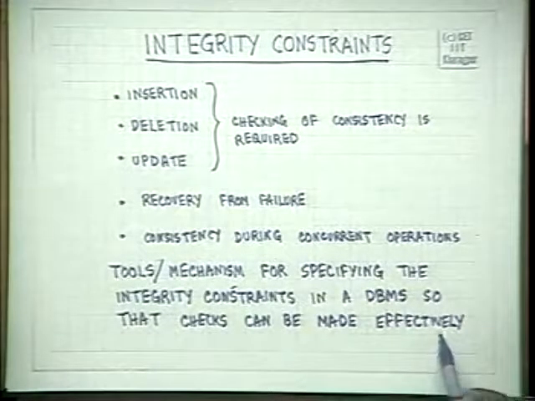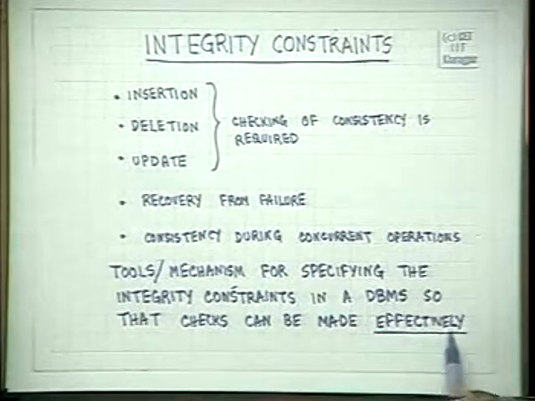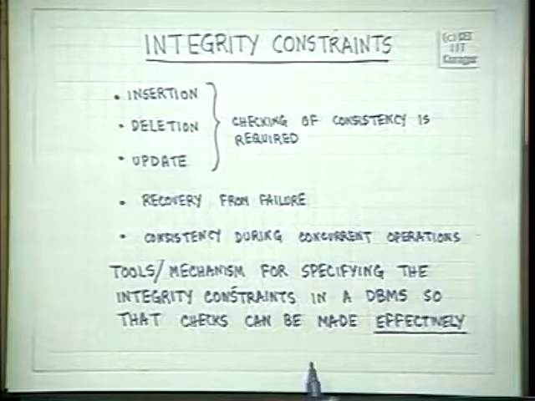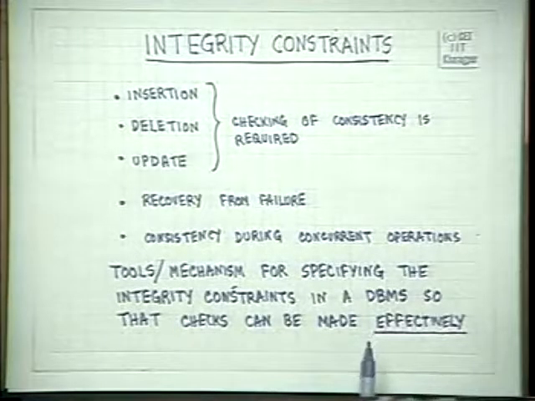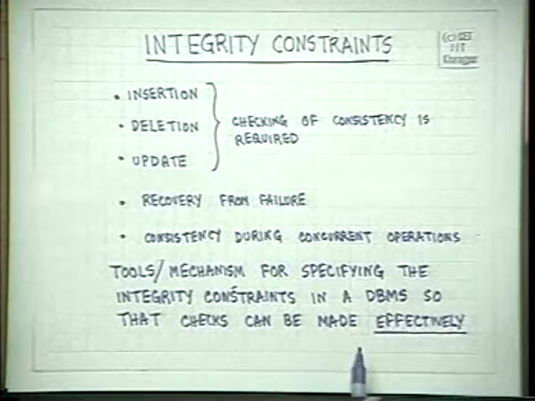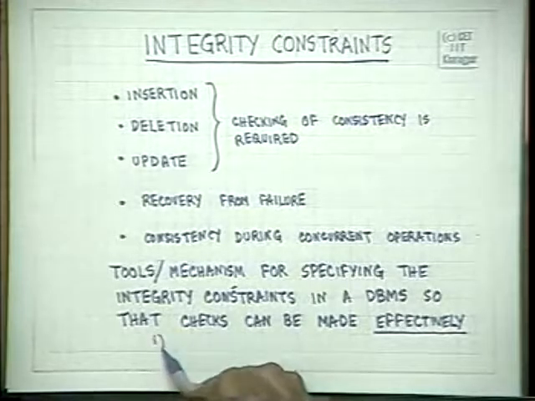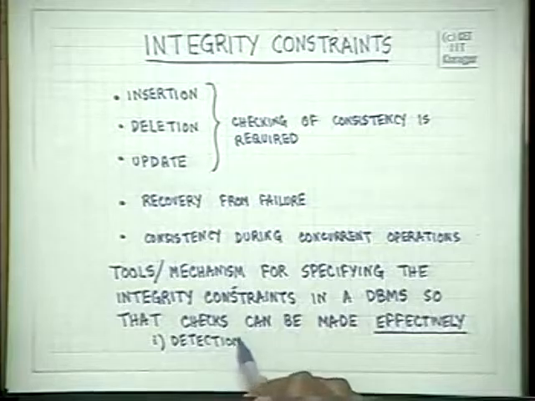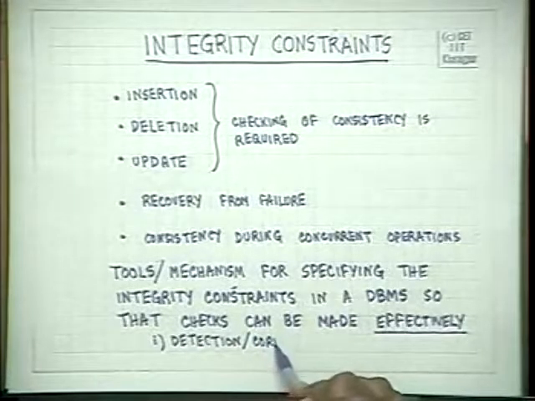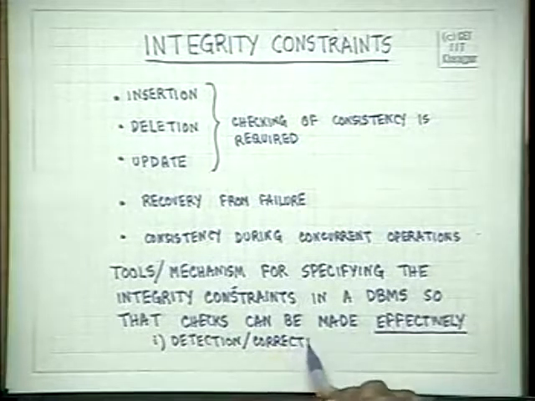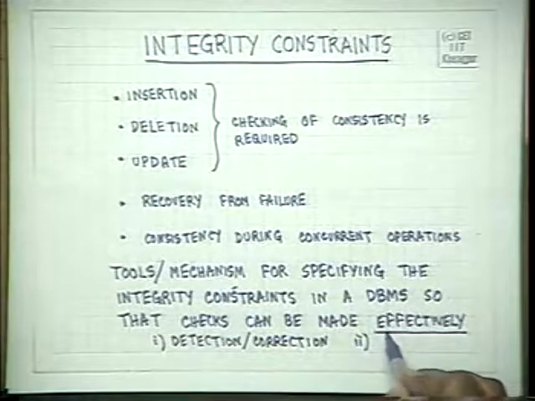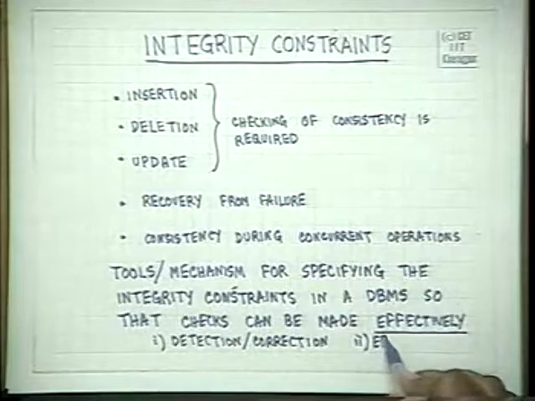Effectively means here two things. One is they can be made correctly, so that in spite of all other things that go on in the system, we really can detect the error and correct it. And the second point of effectively is efficiently.